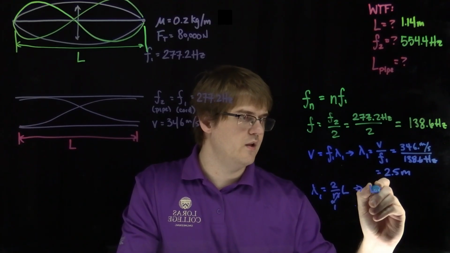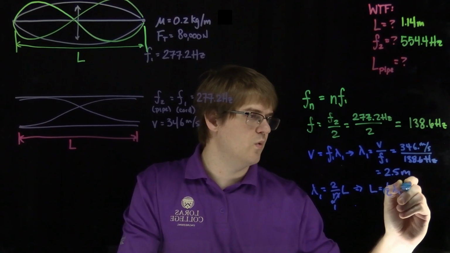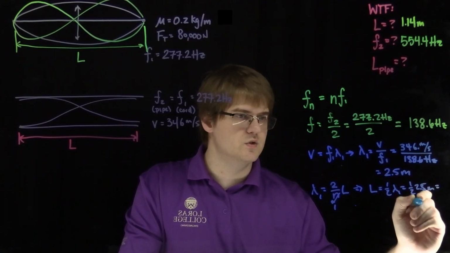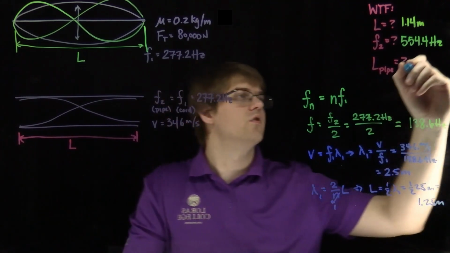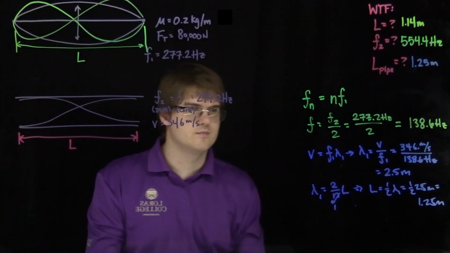So my L is going to be equal to 1/2 times my lambda 1, which is 1/2 of 2.5 meters, which is 1.25 meters. So the length of my pipe needs to be 1.25 meters.